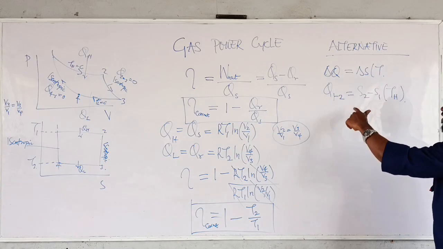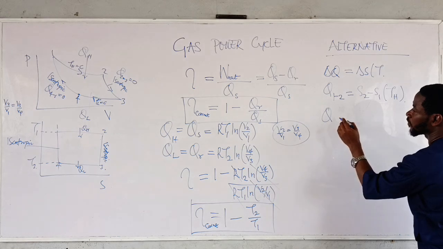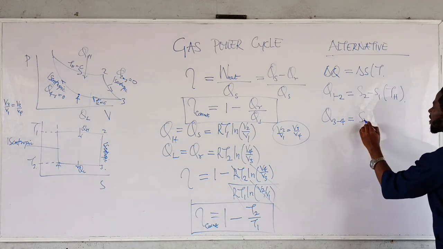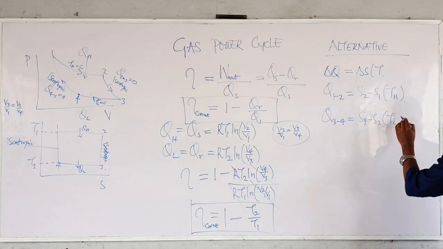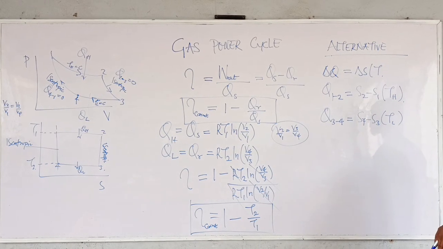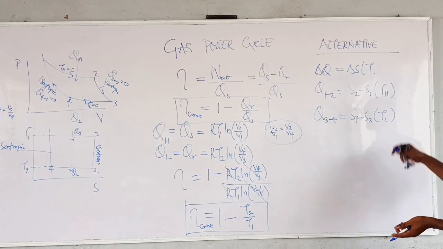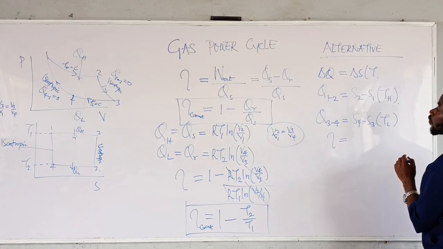This is where it is being added. Then where it is being rejected is 3 to 4. So it will be S4 minus S3 into bracket TL. Are we together? So what is the next thing? You go back to the efficiency and substitute it. Efficiency equals what?